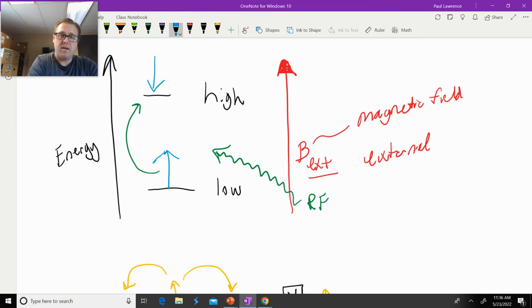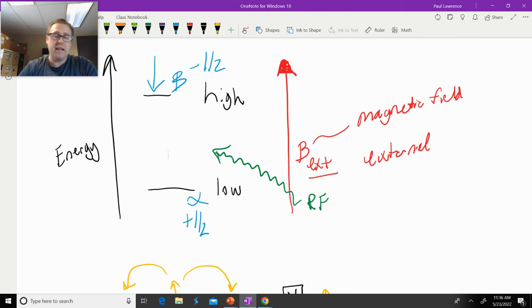So this right here would be the beta state, and that is the alpha state. We could also represent negative 1/2, positive 1/2. Now when that nuclei is in the beta state, that's a higher energy state.